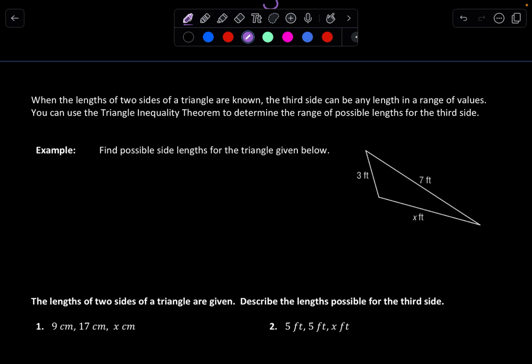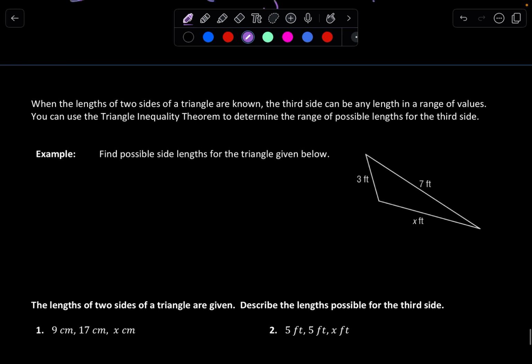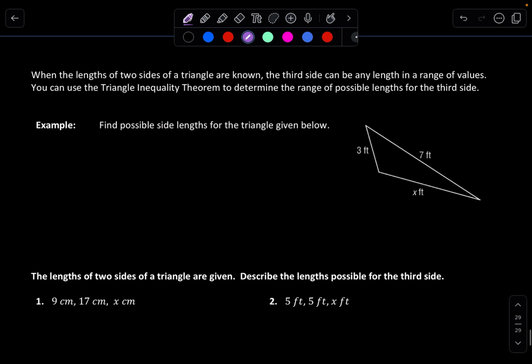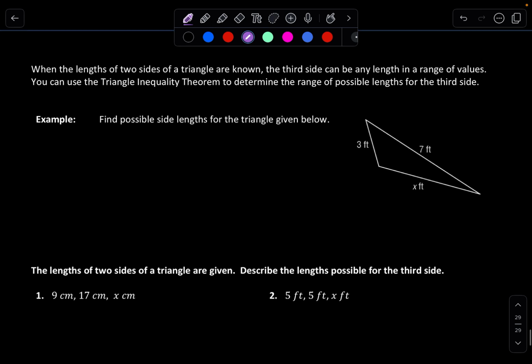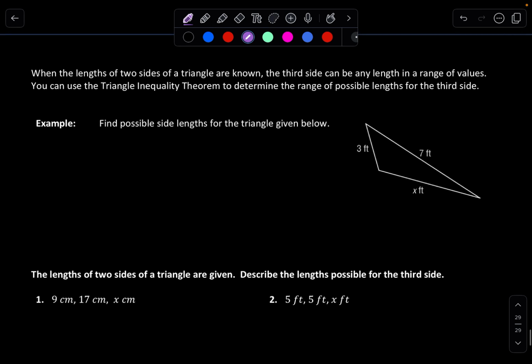All right, now applying the triangle inequality theorem on page 29. When the lengths of two sides of your triangle are known, the third side can be any length in a range of values. If I know that two sides of my triangle have to be bigger than my third side, I can figure out what the range of values for that third side could be.